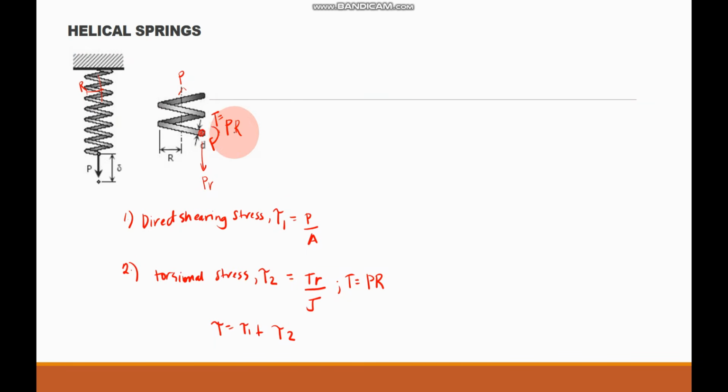And to simplify this equation, we will substitute the values of the direct shearing stress and the torsional shearing stress.